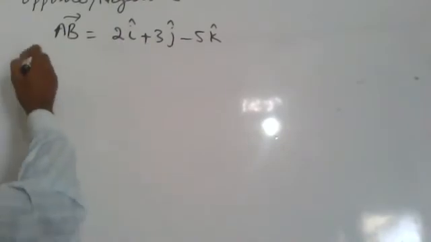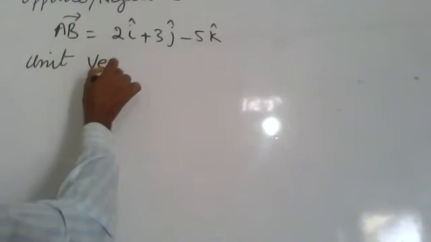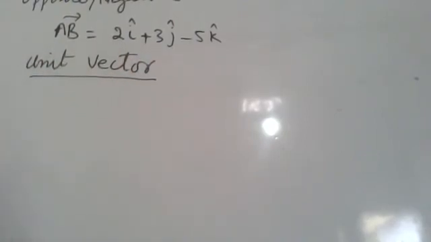Unit vector. First of all, we will find the magnitude of the vector. For example, we are asked to find the unit vector in the direction of AB.